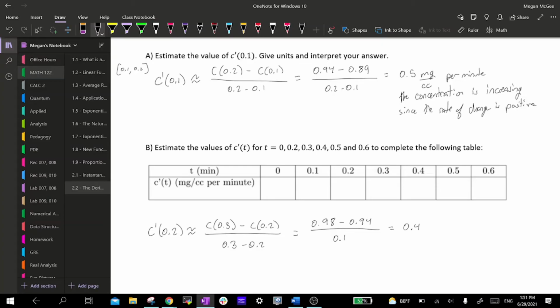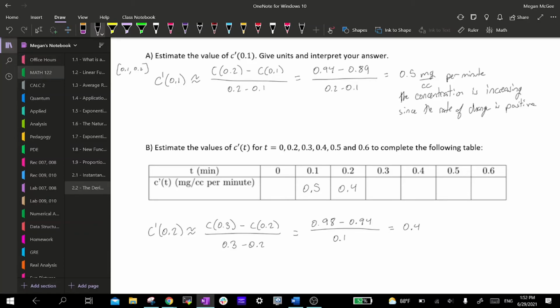All right. So we can now fill out two of the open spaces in our table. We estimated the derivative at 0.1 to be 0.5, and now we estimated the derivative at 0.2 to be 0.4.